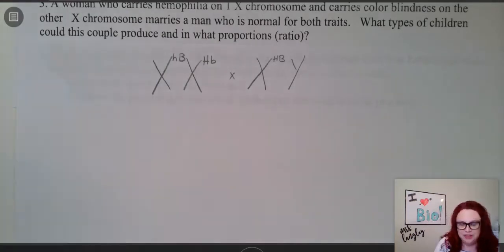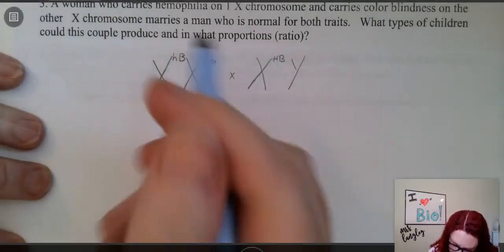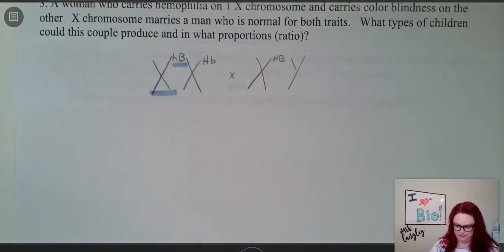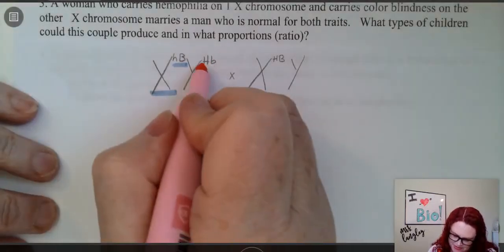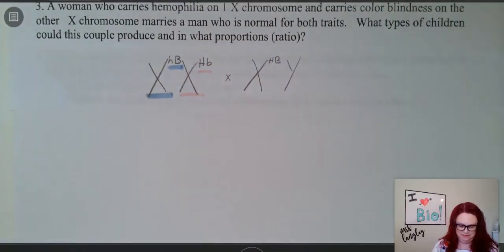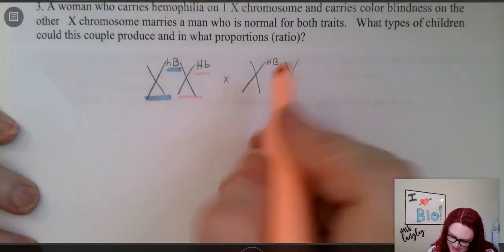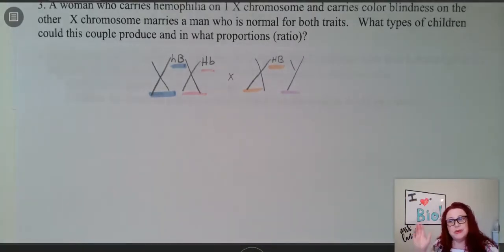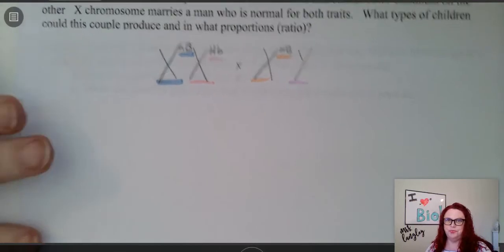So we're going to use some color to just help make it clear. All of this stays together. All of this stays together. This and that, so you can see where things are going as I draw.